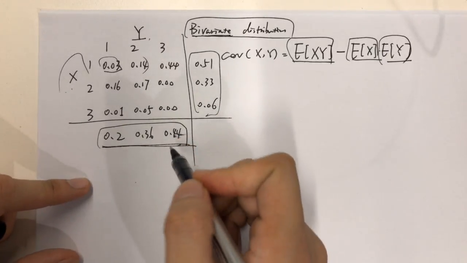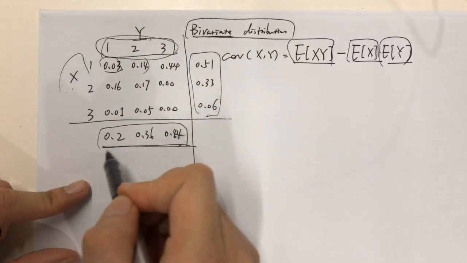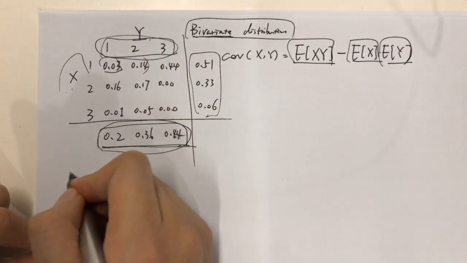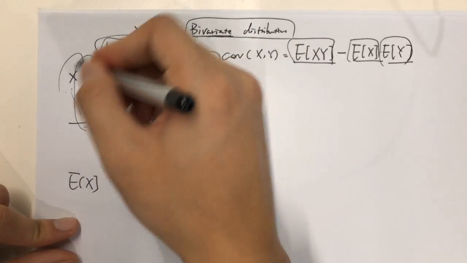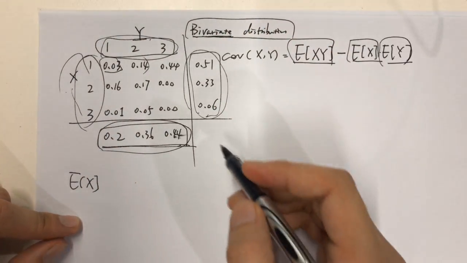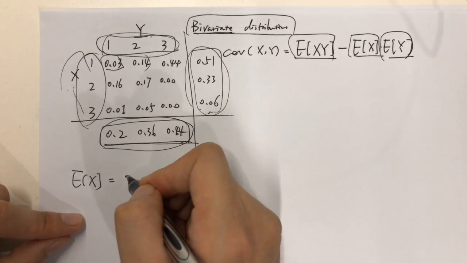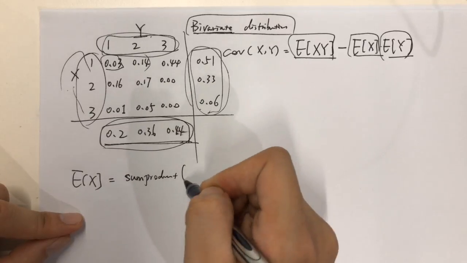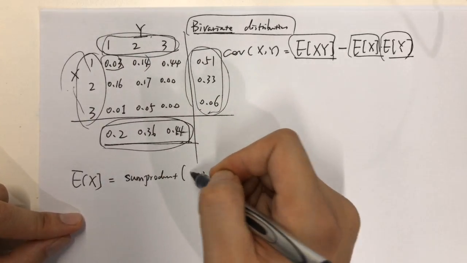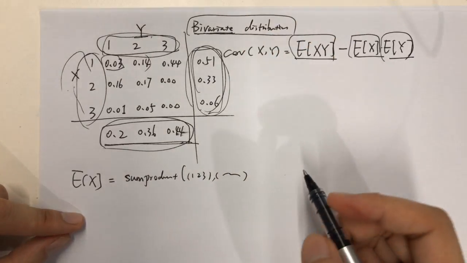If you are in Excel, you can use the sum product of this and this to calculate E[Y] or E[X]. For E[X], it is the sum product of 1, 2, 3 and the marginal probabilities, 0.51, 0.33, 0.06.